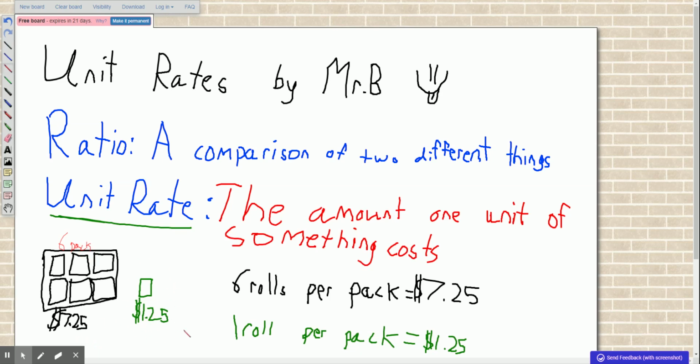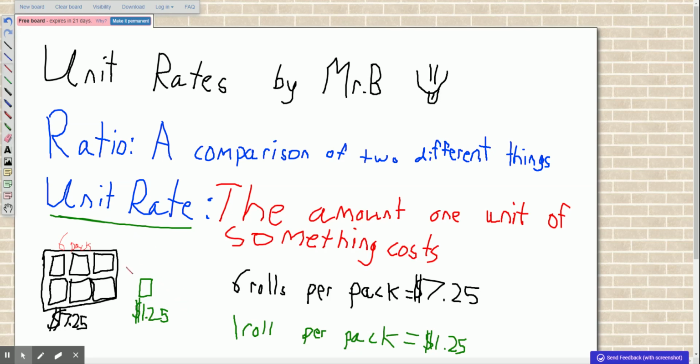The other option is we could buy a single roll for $1.25, and we could buy 6 of those rolls instead. And so the question that we want to figure out is which one of these two options is going to save us the most amount of money.